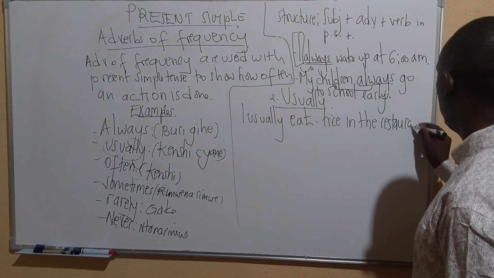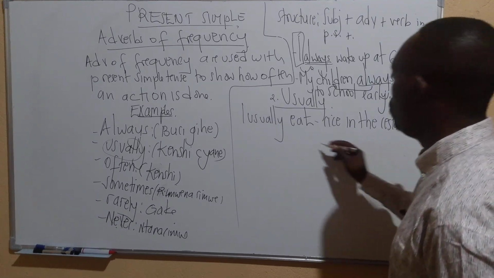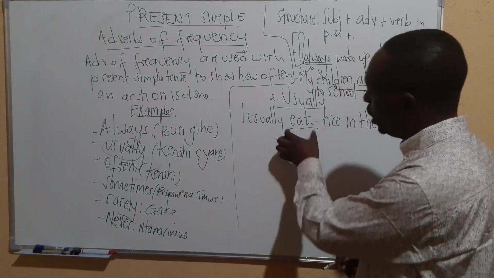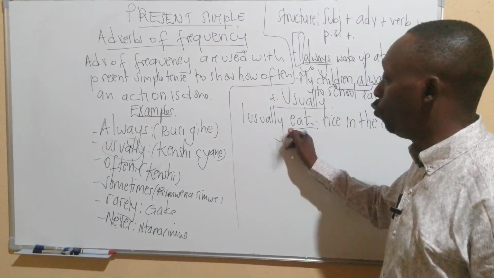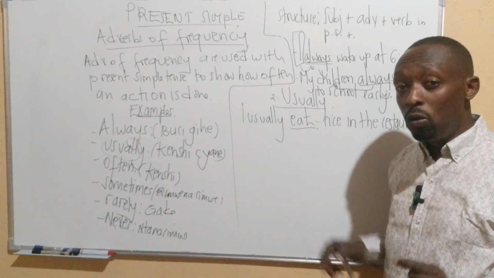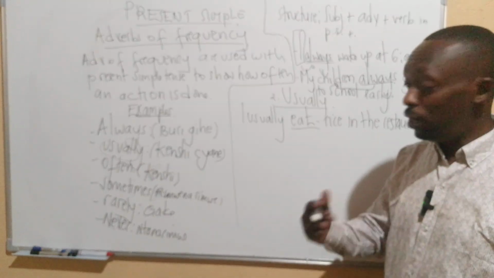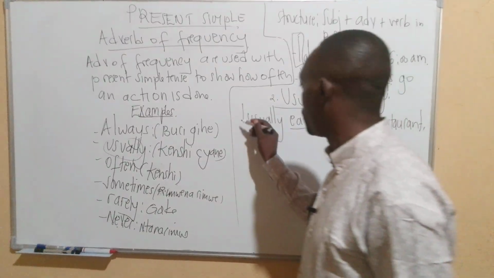Ibi bisobanuye iki? Kubera aka kajambo usually bisobanuye ko inshuro nyinshi iyo ugiye muri resitora urya umuceri. Usually ntabwo ari buri gihe, ariko ni hafi ya buri gihe, inshuro nyinshi.